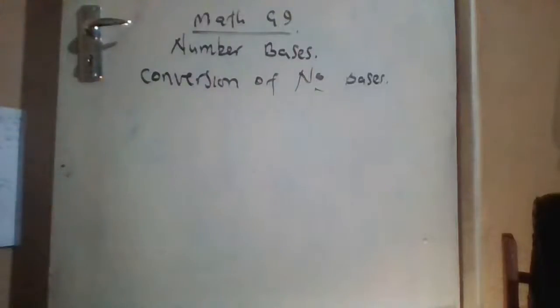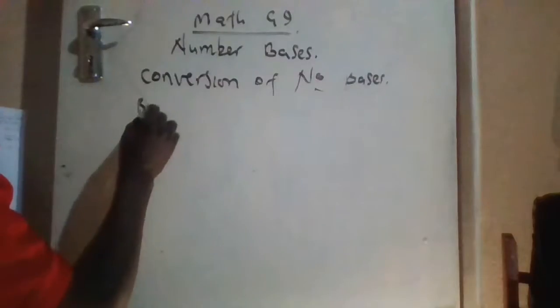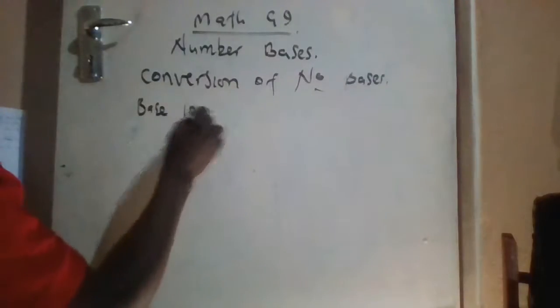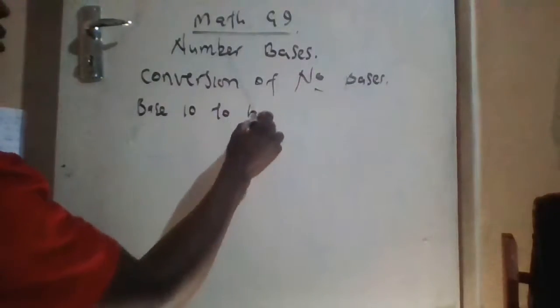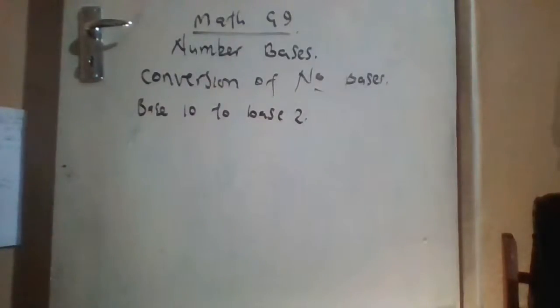So we're talking about the conversion from base 10 to base 2. How can we convert a number from base 10 to base 2? How can we do that?